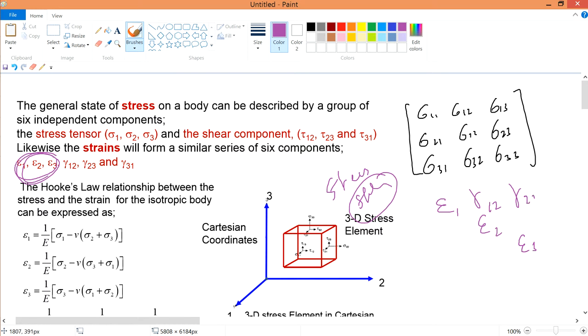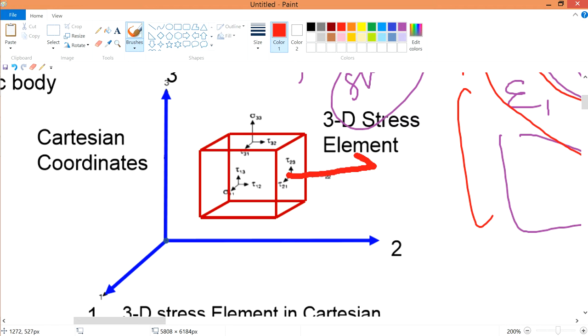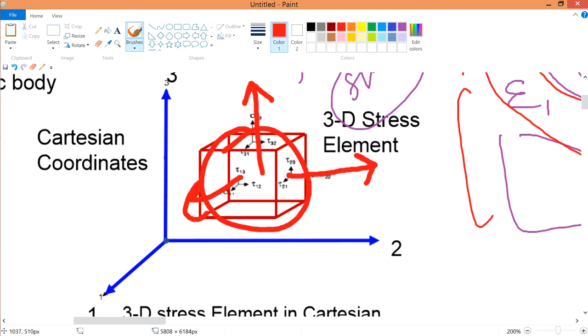These are all your shear components. This portion over here is your shear components, while this middle one is your so-called normal components. Normal means that it is normal to the plane, while the shear components are the ones trying to deform the cube.